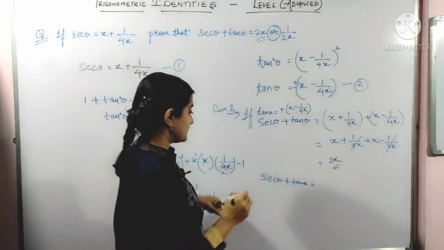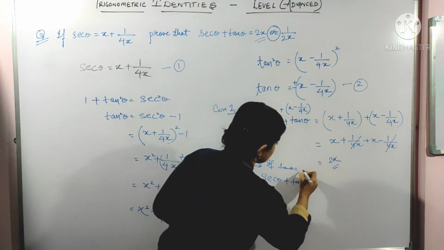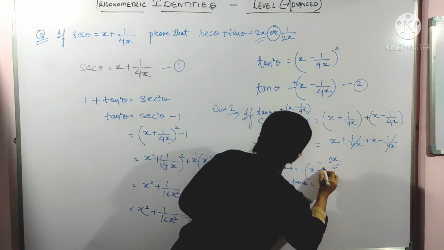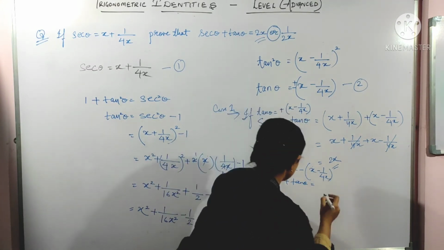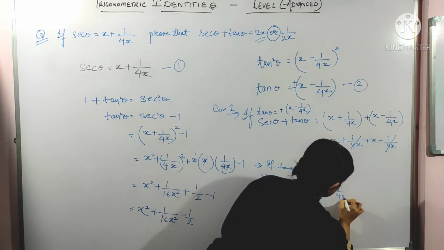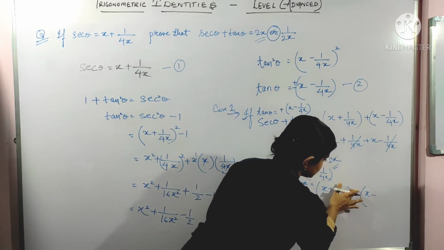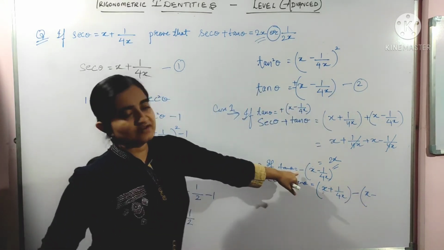Now in case of the minus sign, that means tan theta equals minus x minus 1 by 4x. Here we put the value of sec theta, that is x plus 1 by 4x, and instead of plus it will be minus, because we are taking the minus.